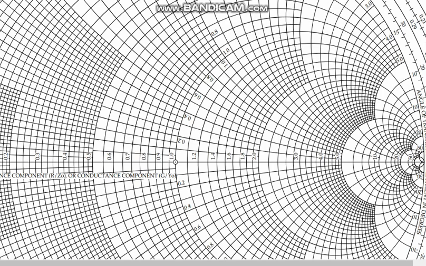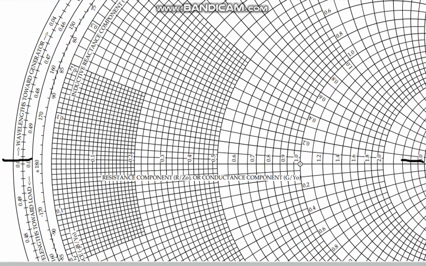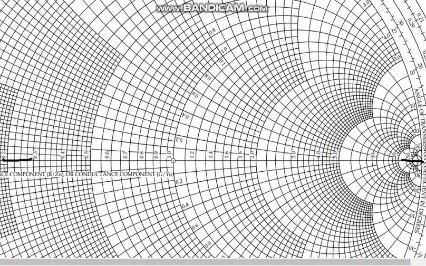Real value means not the imaginary values, that means resistance or conductance. So these values are drawn from here all the way to that part. These are particularly the real value, the value of the resistance or conductance, the real value of the circles.